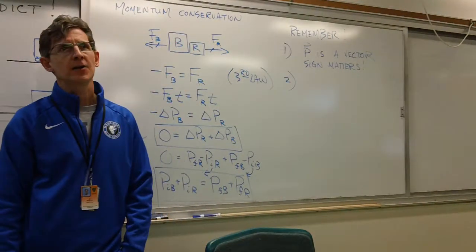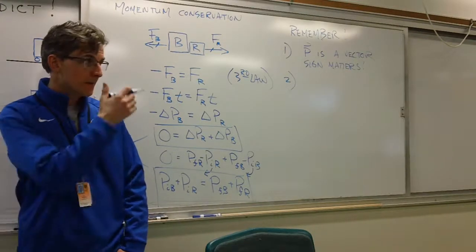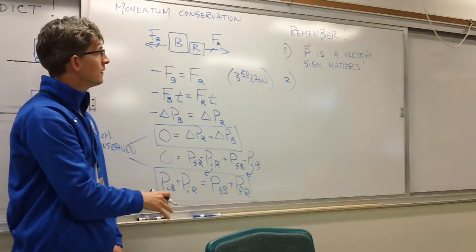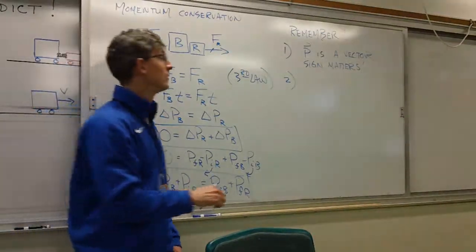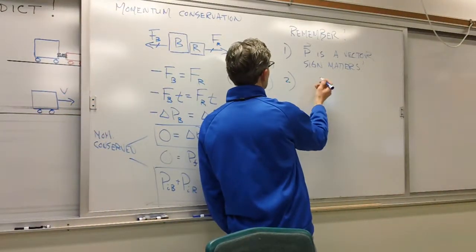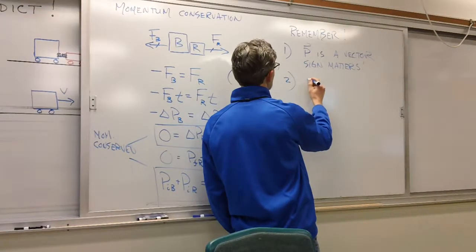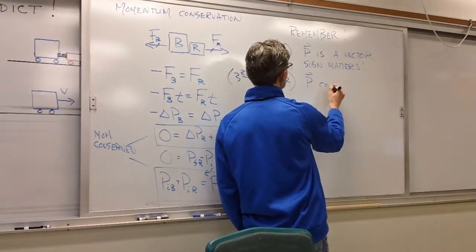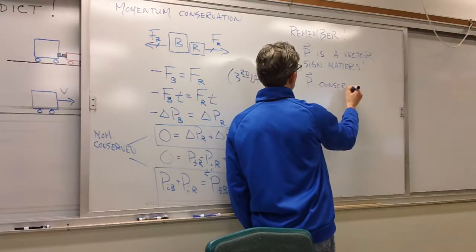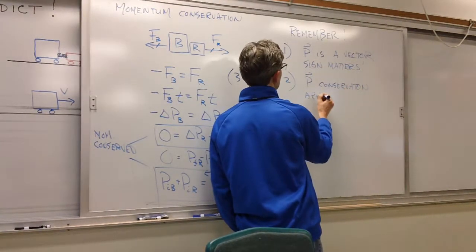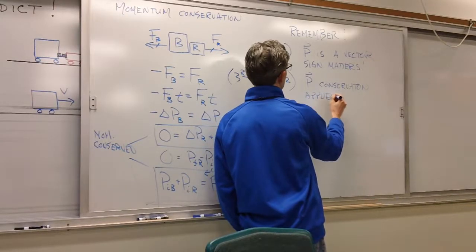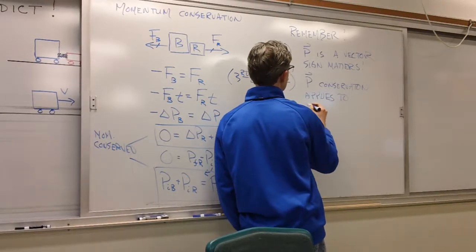The second and final thing I'd like to say is that all this stuff that we just said only applies to systems that are completely isolated from the outside world. So, P conservation applies to isolated systems.